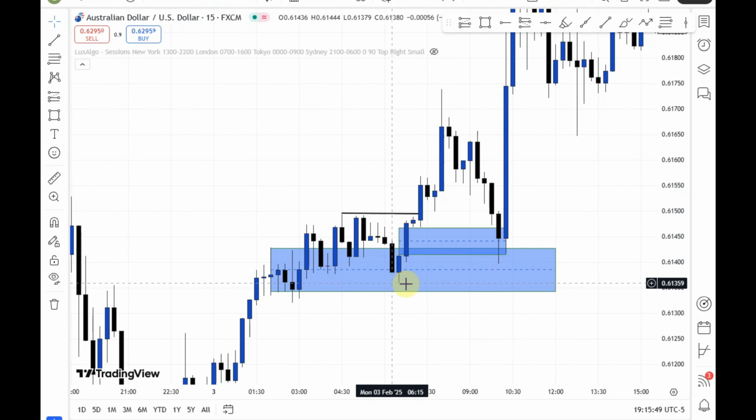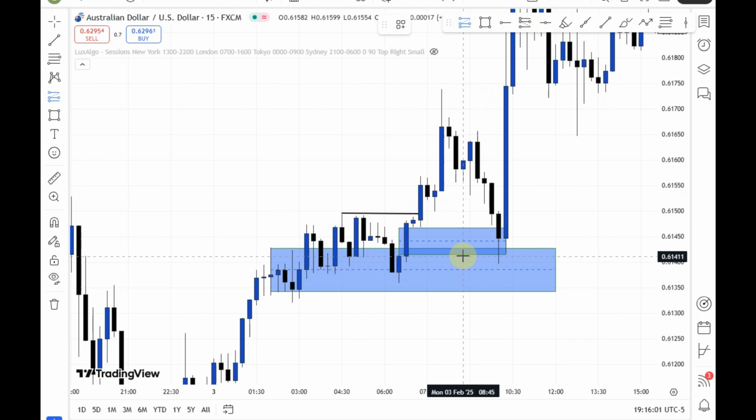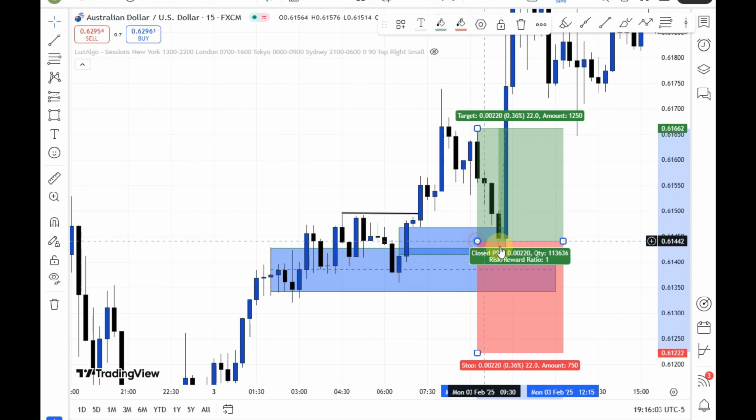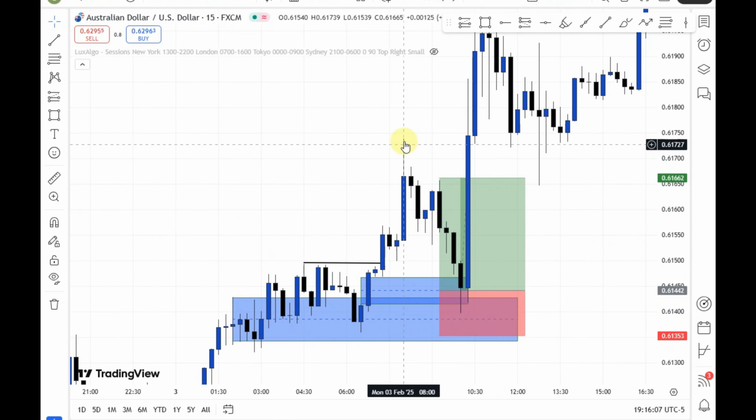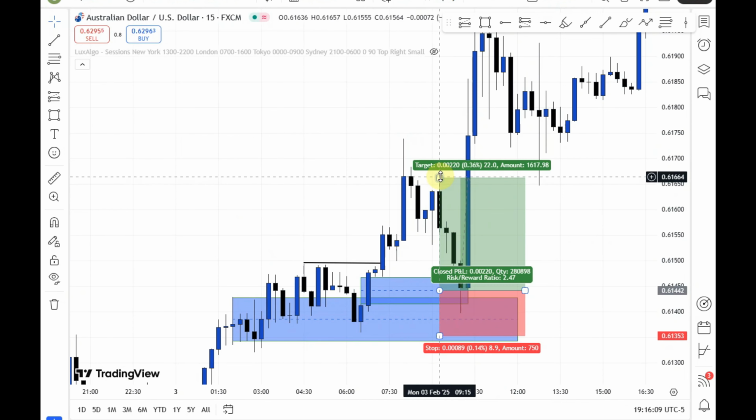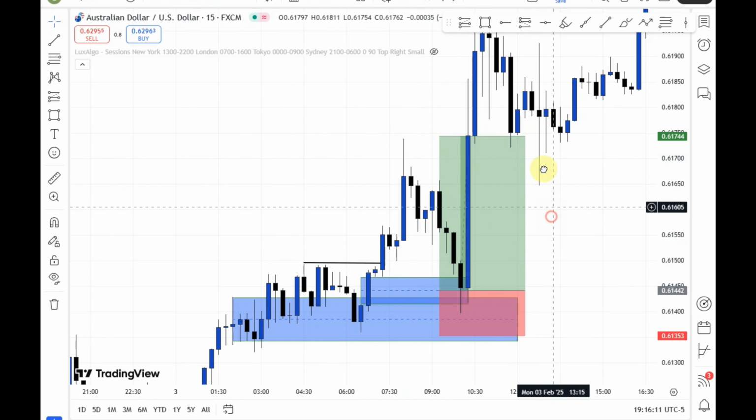I put my stop loss just below this low, this low for the fair value gap. I buy from here, stop loss over here. I take out this high, and you can see it was hit successfully.